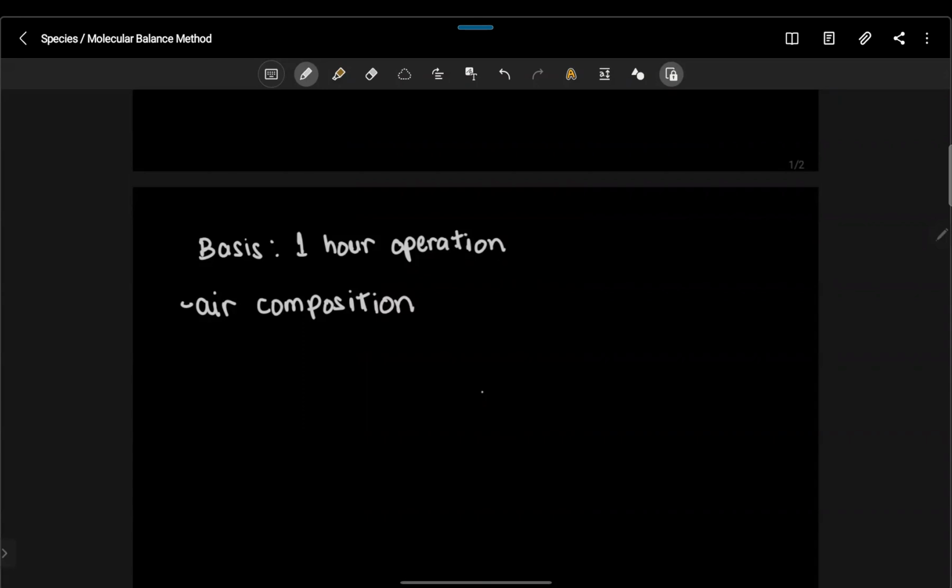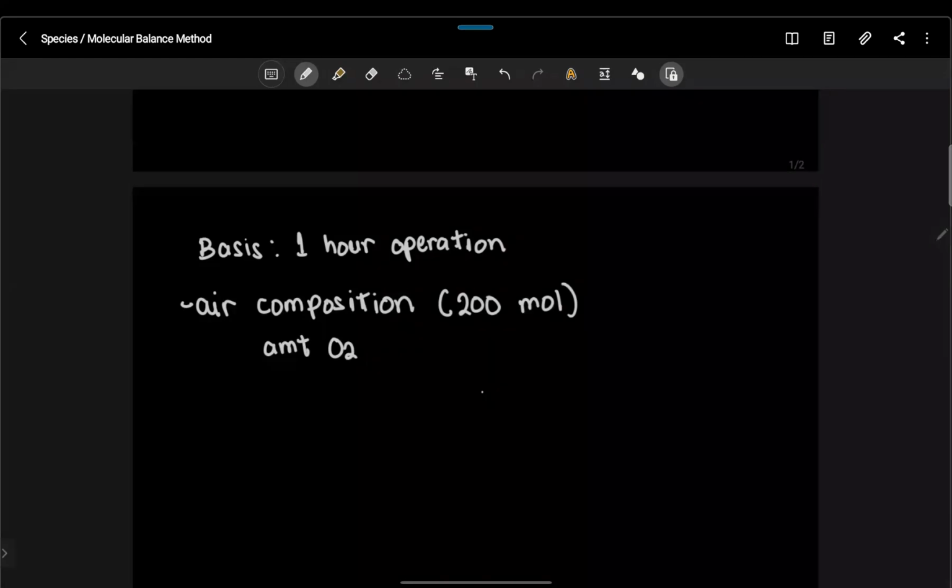We know that yung air, di ba, ang pinasok na air, according to the problem, is 200 moles, okay, per hour. So since nag-base na tayo ng 1 hour, 200 moles na lang siya. So from that alone, makukompute na natin yung amount ni oxygen na pinasok, okay? Hindi ito yung amount na oxygen sa off gas, but rather yung amount ni oxygen na pinasok.